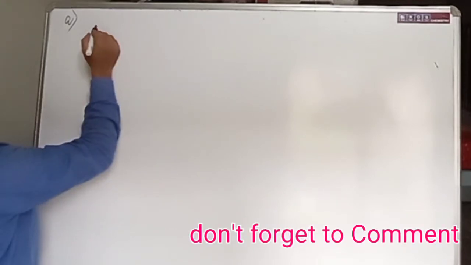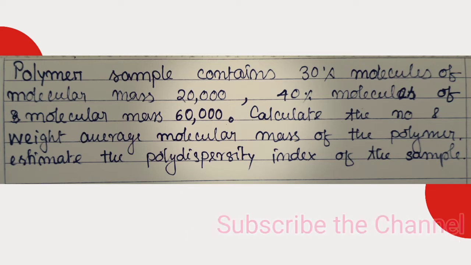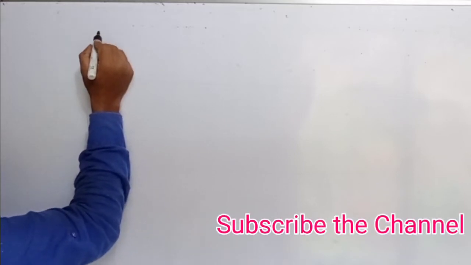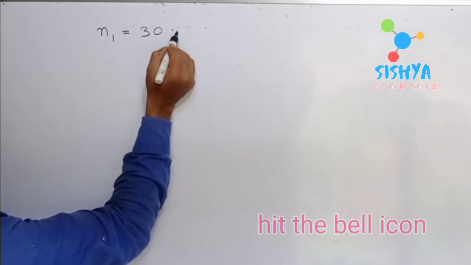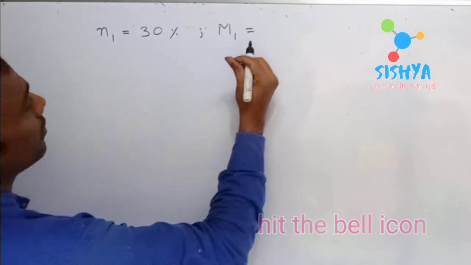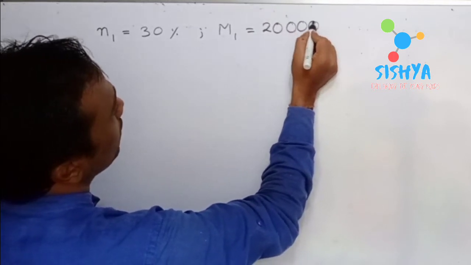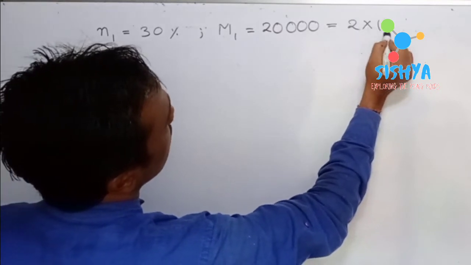In the question on polymers, it is given that N1 contains 30%, whose molecular mass is around 20,000. 20,000 can be written as 2 into 10 to the power 4.